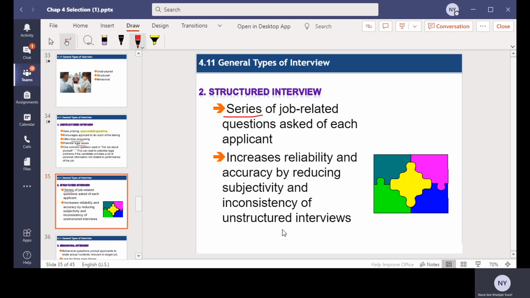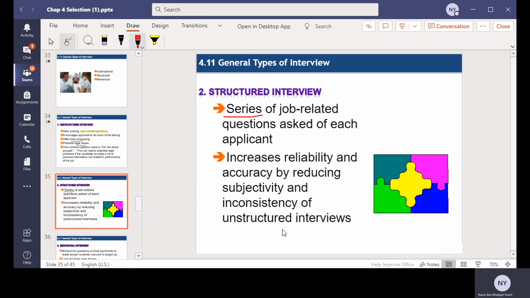This one is quite easy if the company uses structured, because if all the 5 candidates are asked the same questions, comparison is easy. For the first question, candidate number 1 answers this, candidate number 2 answers this, candidate number 3 answers this.